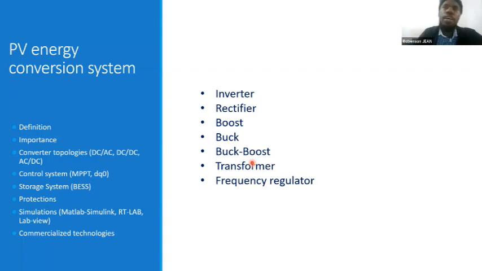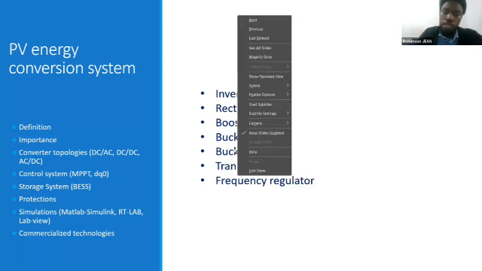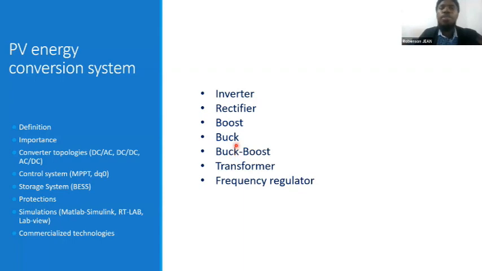The buck behavior is when we have, for instance, a load of 6 volts. If my solar power plant is 12 volts, in order to reduce the voltage, I will use the buck mode. But we can also have these converters separately. We can have a buck, we can have a boost. The boost is to elevate, the buck is to step down, and the buck boost can do both of them depending on the control that we give to it. We have to say that these are controlled converters.